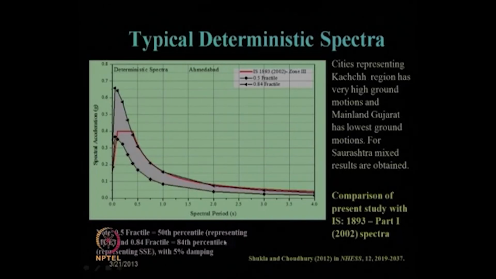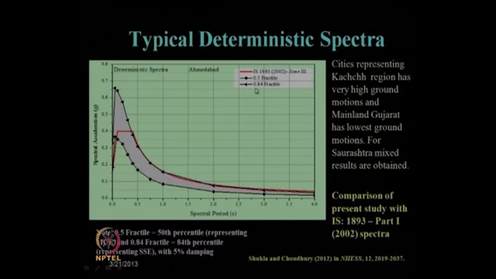The 50th percentile represents MCE, which is maximum credible earthquake, which is also proposed in our IS code as MCE values. And the design basis earthquake will typically be half of that maximum credible earthquake.